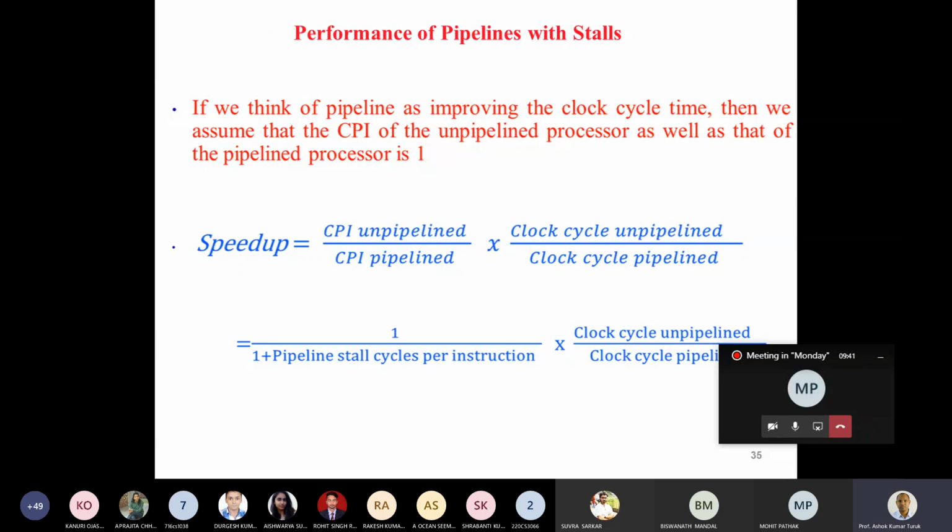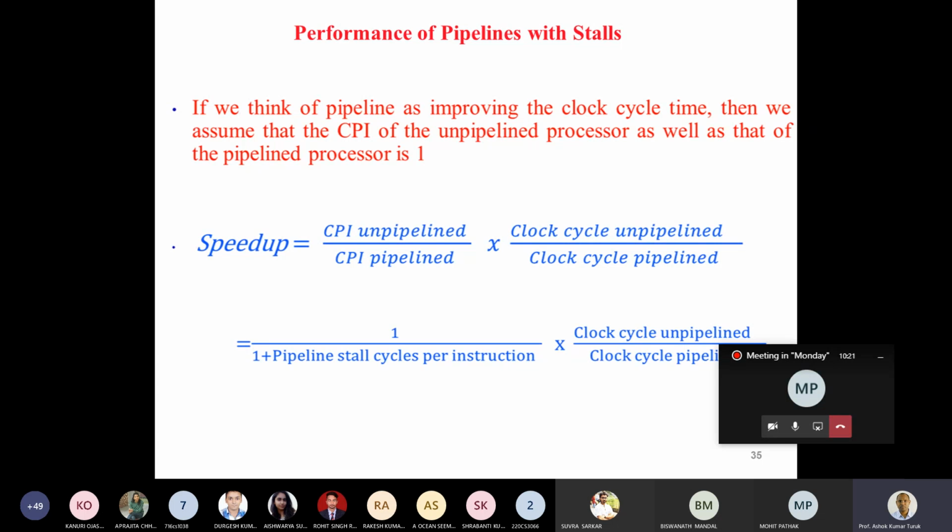If we think of pipelining as improving the clock cycle time, then we assume that the unpipelined processor has a large clock cycle time, and now we are trying to reduce it. We assume that the CPI of the unpipelined processor, and the ideal CPI of the pipelined processor, is 1.